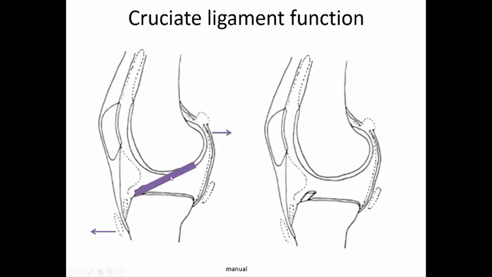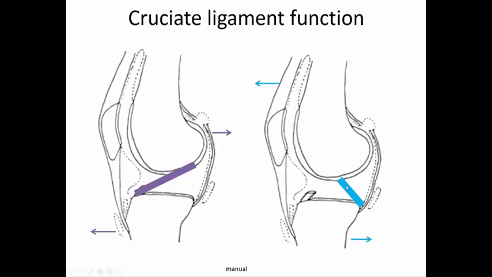So we can see that this is going to be pulled taut when the femur is moved posteriorly or the tibia is moved anteriorly. These both result in the same effect. So to help us to remember this, we might say that the anterior cruciate ligament attaches to the anterior tibia to prevent the tibia moving anteriorly.